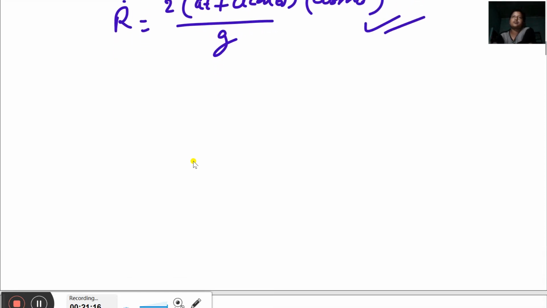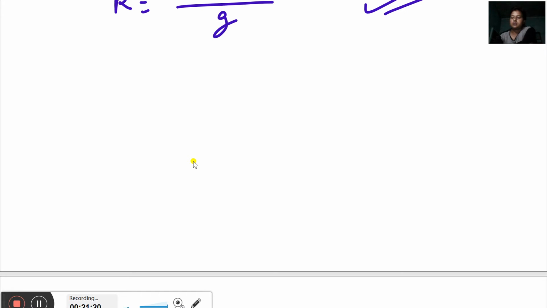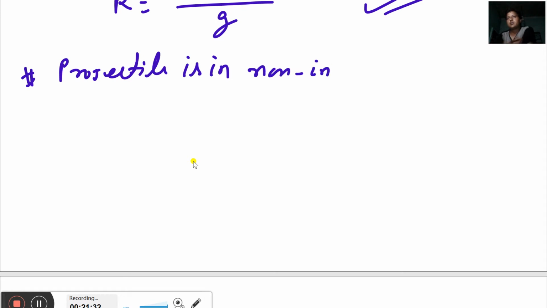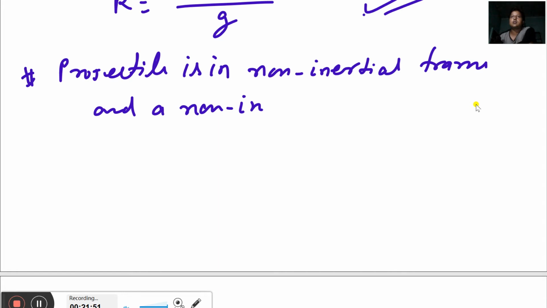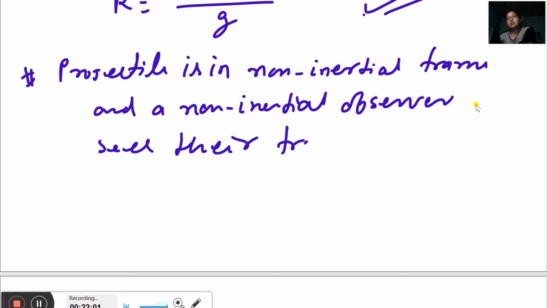Now suppose projectile is in a non-inertial frame, and a non-inertial observer sees their trajectory.